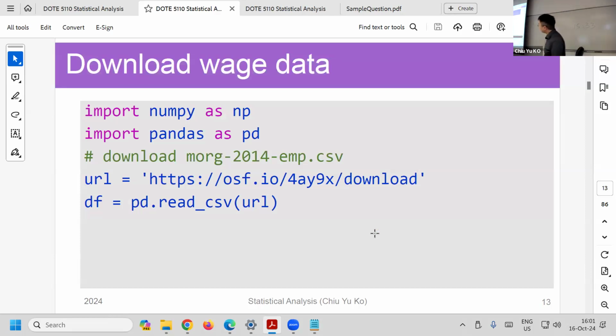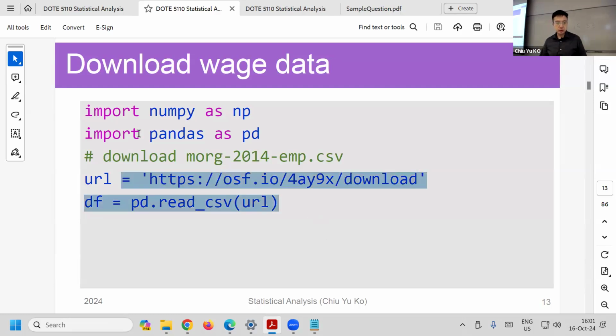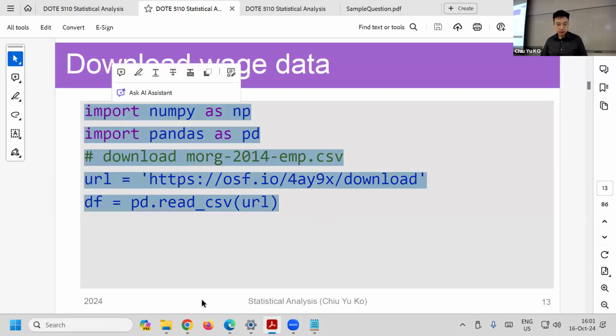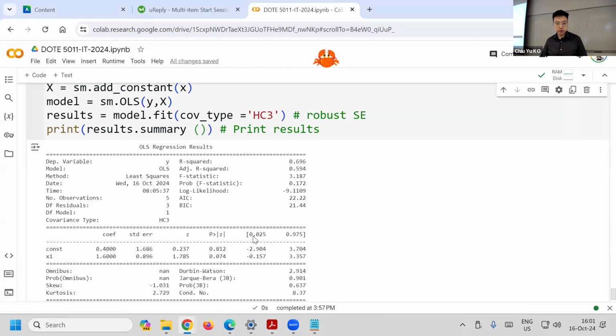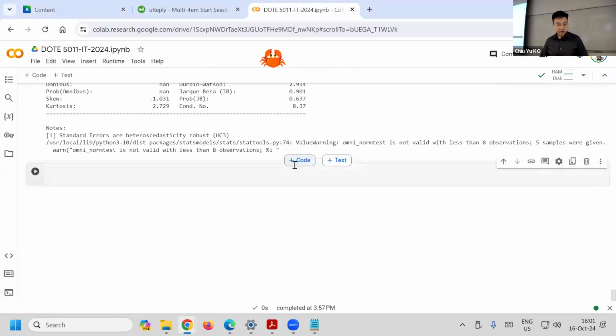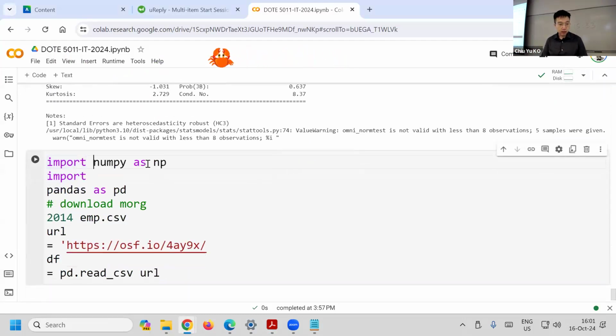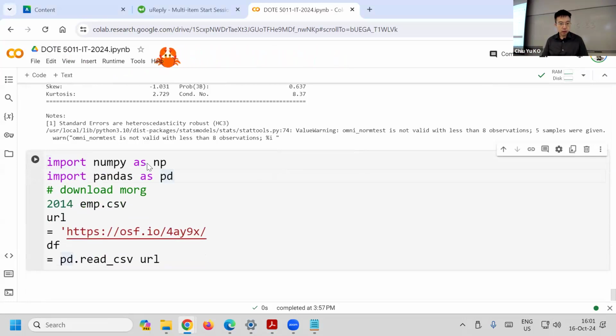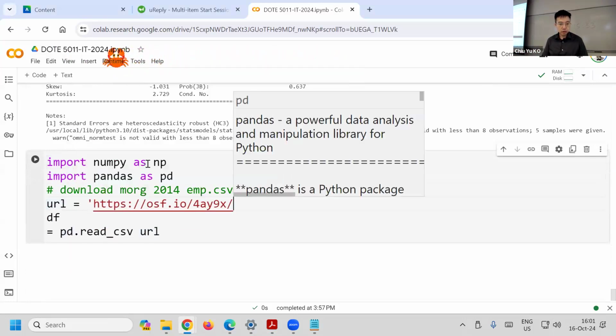So what we're going to do is look at the data. It's the employment data, the CPS data. So let's download this data, and then we will run a regression together and check that every single thing follows what we want to do.